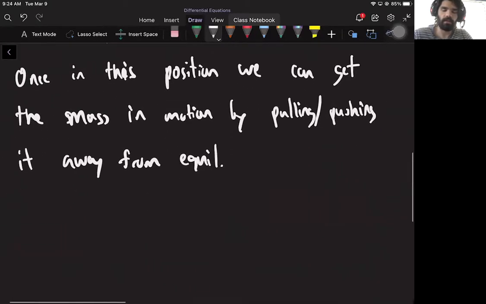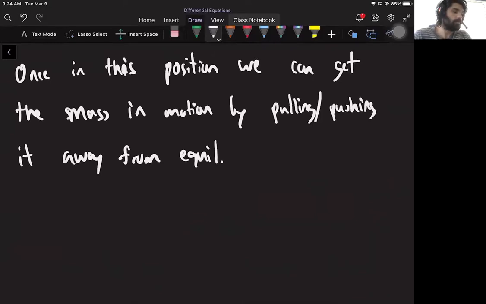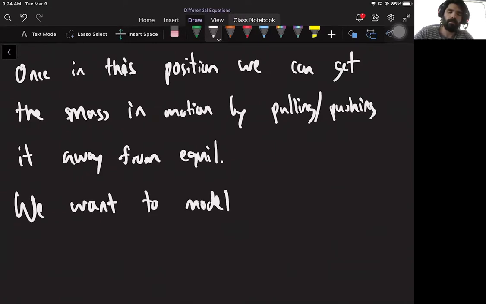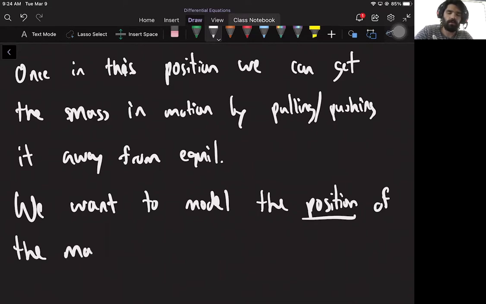Okay, but in any case, what do we want to do? We want to model the position of the mass or the object at any time t.